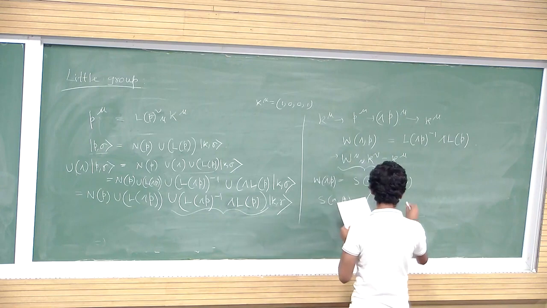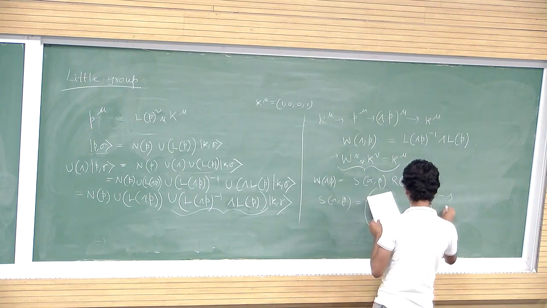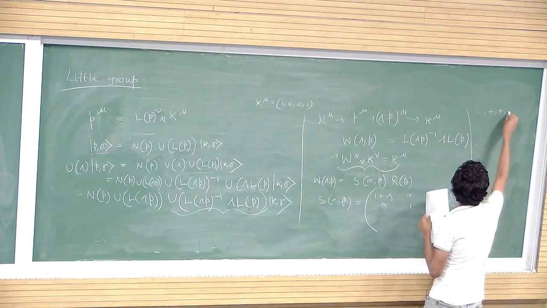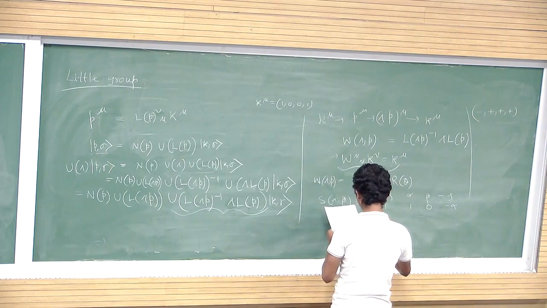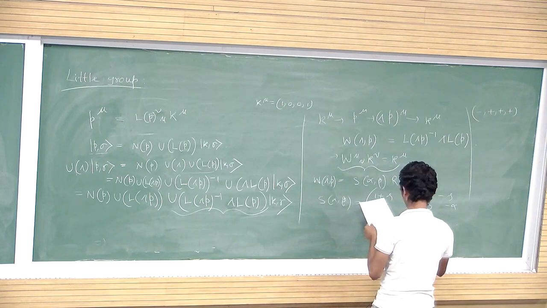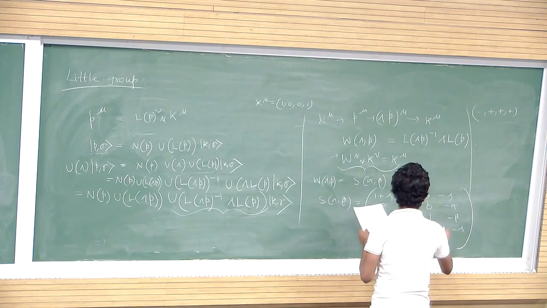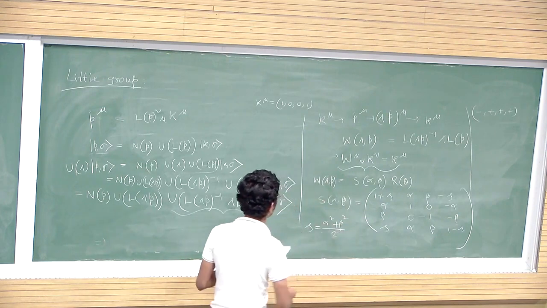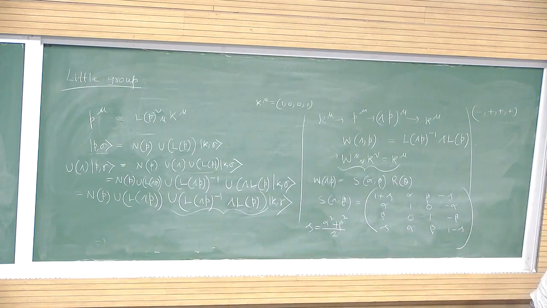One plus zeta, alpha, beta, minus zeta, alpha, 1, 0. I am using this signature, minus plus plus plus. And this zeta is alpha squared plus beta squared over 2.